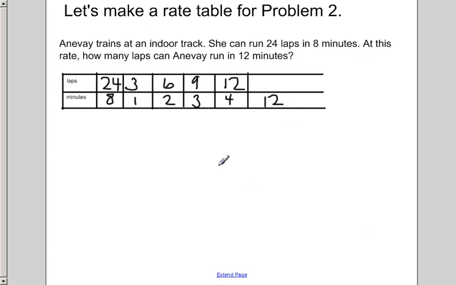In 5 minutes, 15. In 6 minutes, 18, okay? In 12 minutes, the relationship is times 3. So in 12 minutes, 36 laps. Okay, this is the example of the rate table. So we've got two methods. The per unit rate, find out how much you can do in 1 unit, and then multiply that by the number of things you're doing, or make a rate table where you just fill in the increments.